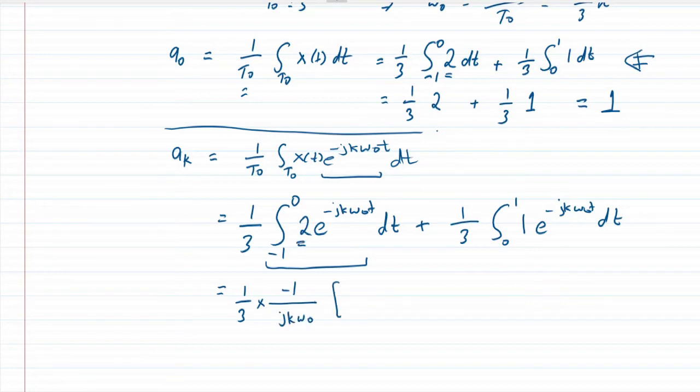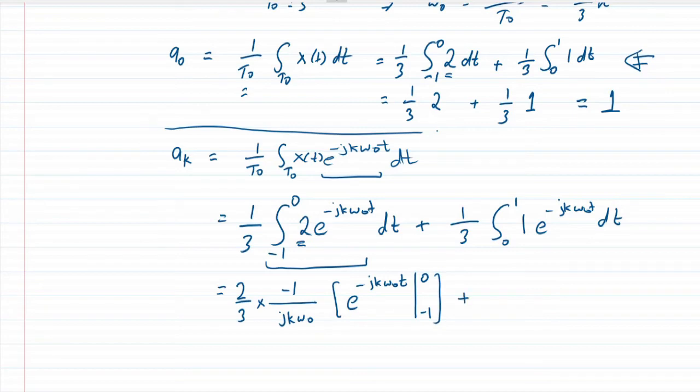We would have this 2 as well, so we can take that out and we can have a 2 here. So we would be left with e to the power minus j k omega naught t with the value of t from the range -1 to 0.